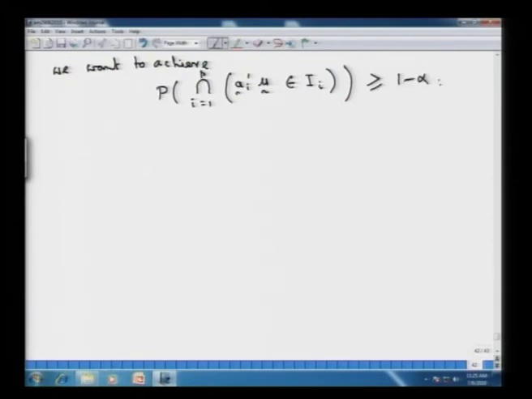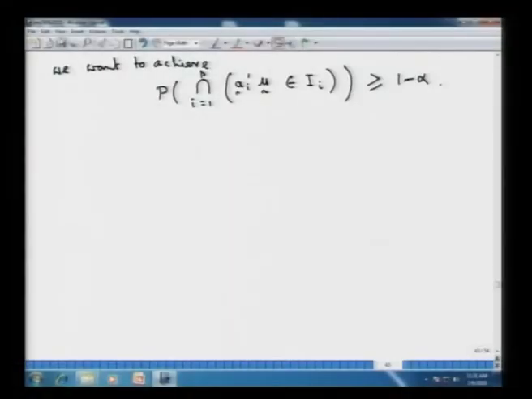So, we will show how we can achieve under different setups such a probability statement, that the joint probability of all these a i prime mu quantities belonging to the respective intervals that we are going to create, the intersection of all such events, is going to be greater than or equal to 1 minus alpha. So, this basically is the joint probability statement.